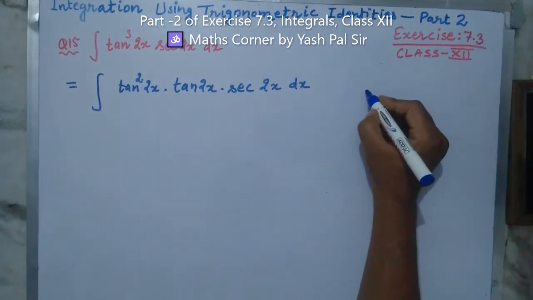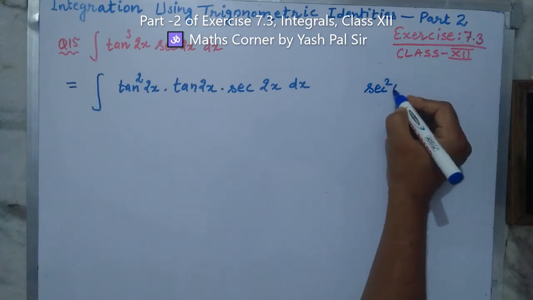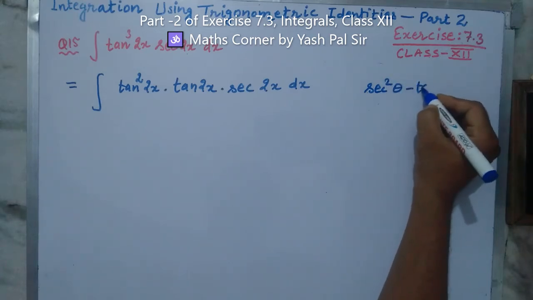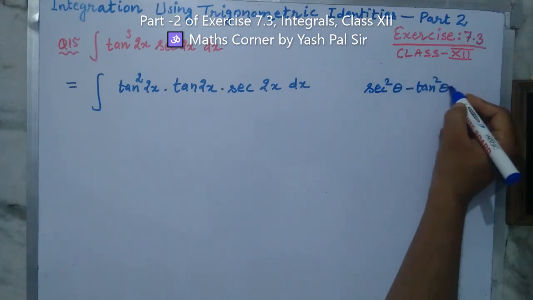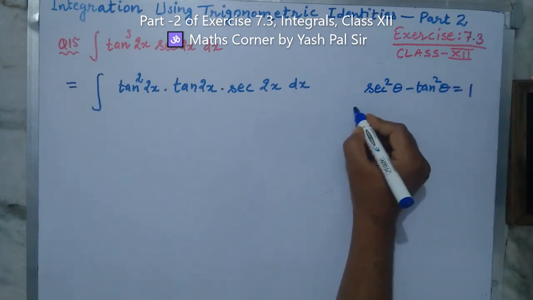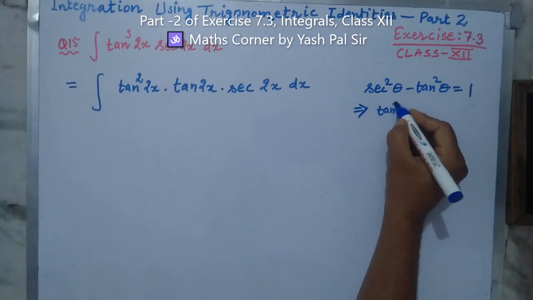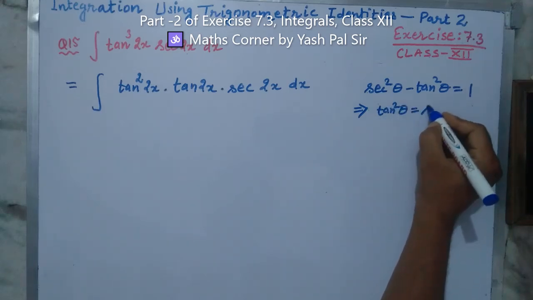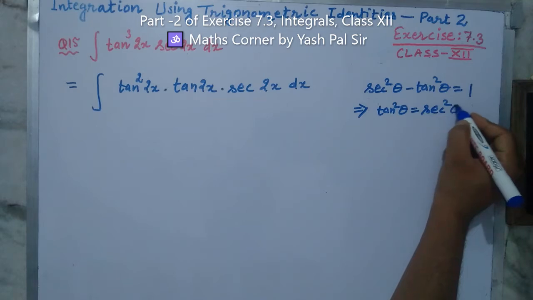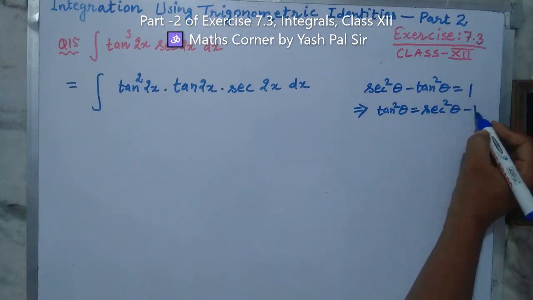Now what we can say, secant square theta minus tangent square theta is equal to 1. So from here we say tangent square theta is equal to secant square theta minus 1.